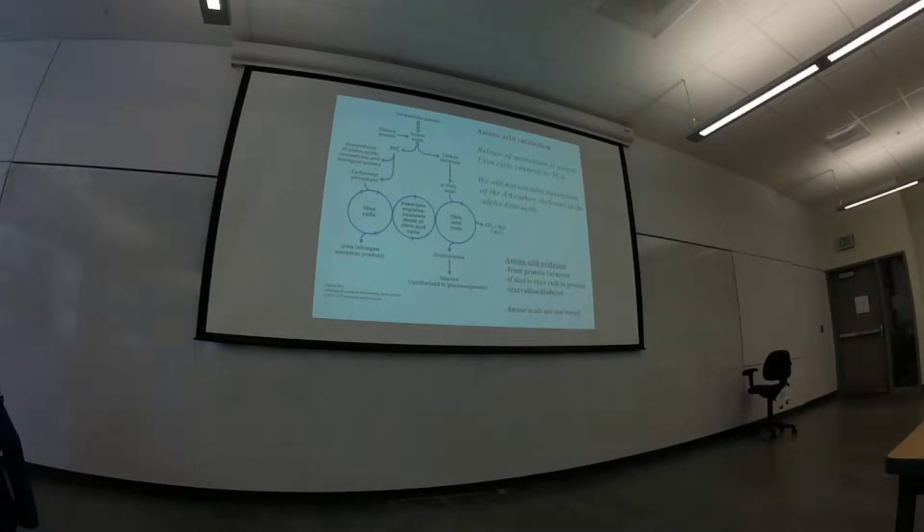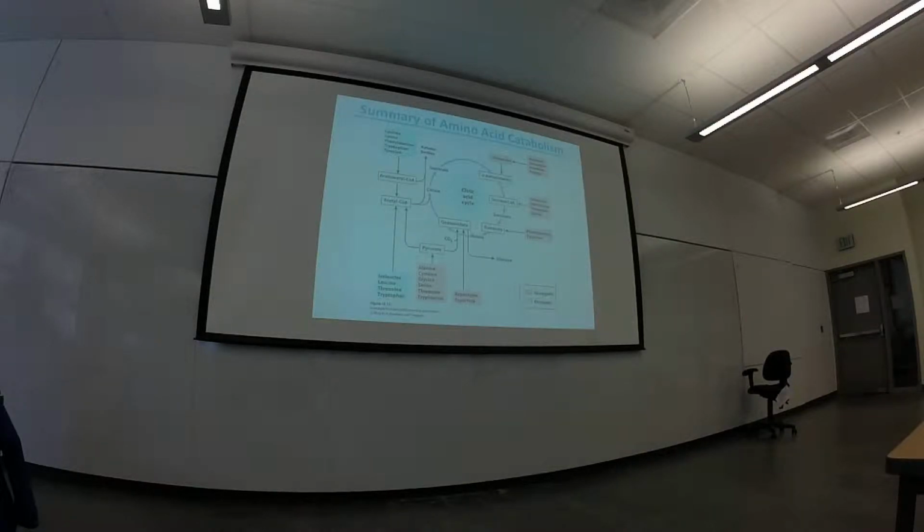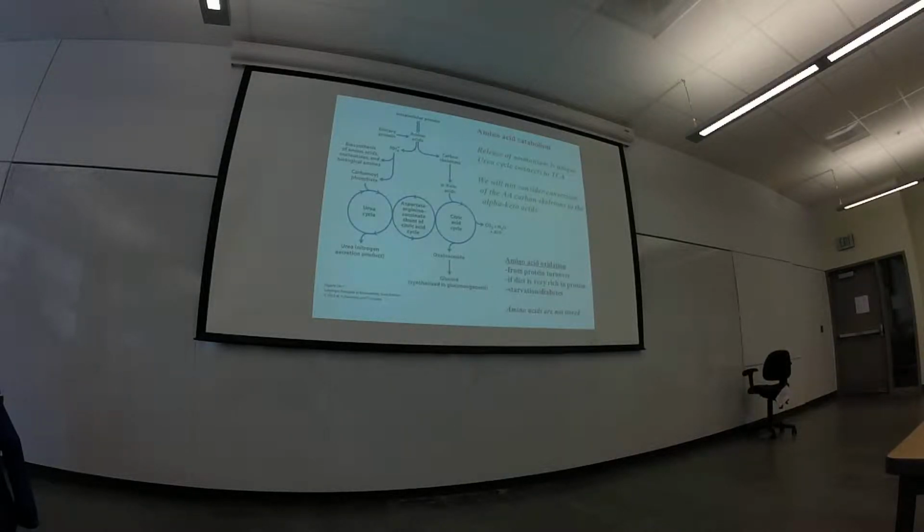Amino acids come in. They don't usually get used for energy purposes. They can if there's a massive excess of protein in the diet, or especially if there's a starvation condition, at which point the cell will start to eat itself up, so to speak, in order to provide enough ATP to keep itself going. We're not considering catabolic pathways in any detail, at least in terms of the carbon skeleton.